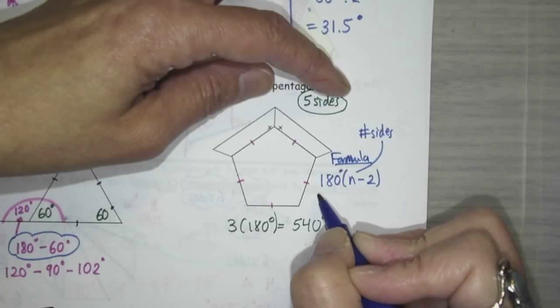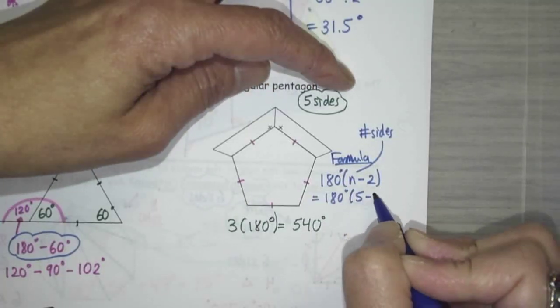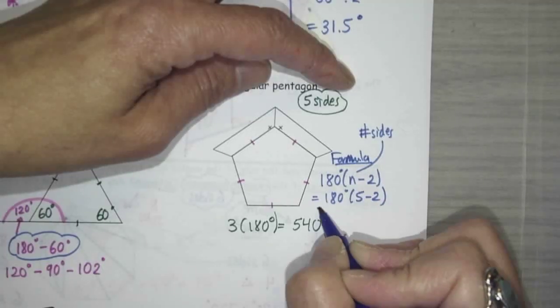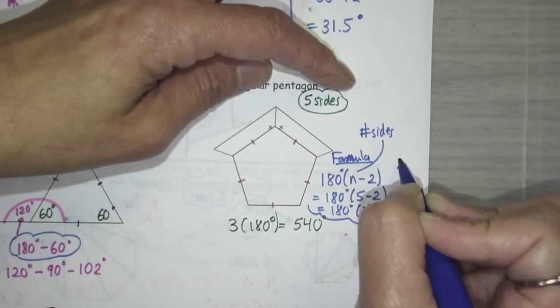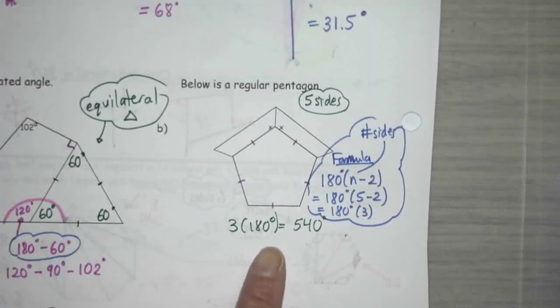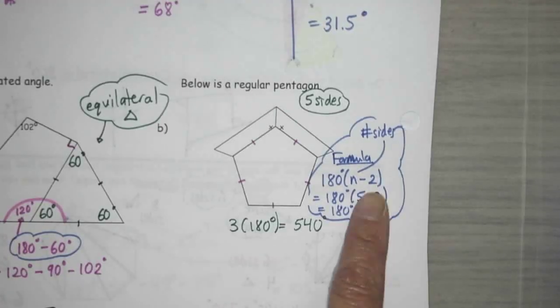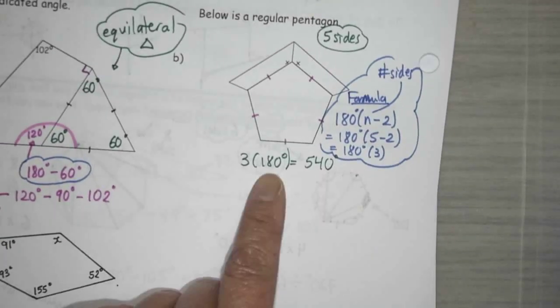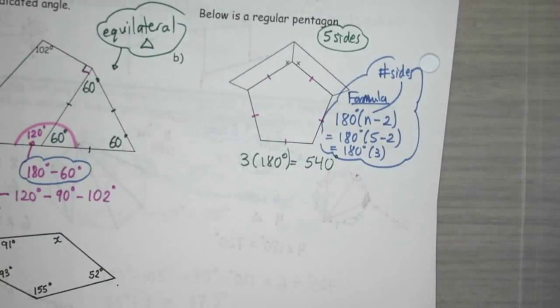So if I know that it's 180 and I know there's 5 sides, it's 5 minus 2, which is 180 times 3, which is what I have right here, 180 times 3. So you can use the formula. Sometimes that is useful, and sometimes you just go, but I know it's 3 triangles, because if I cut this up, it'll be 3 triangles.